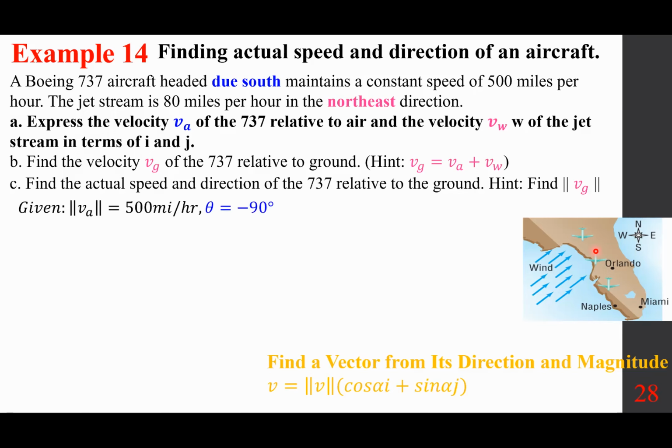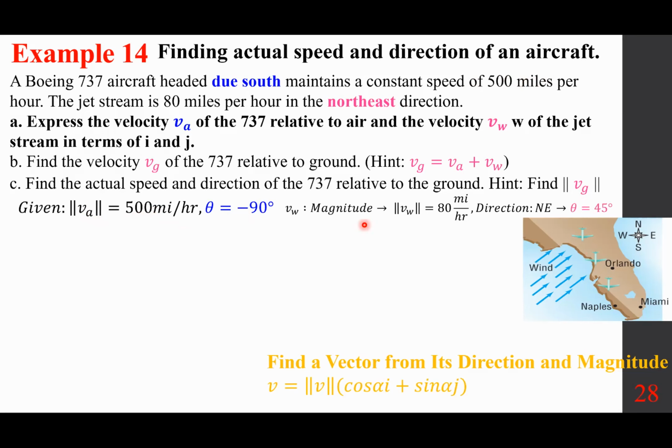So the magnitude of the velocity of the aircraft is 500 miles per hour, and the angle alpha is due south, which makes it negative 90 degrees.